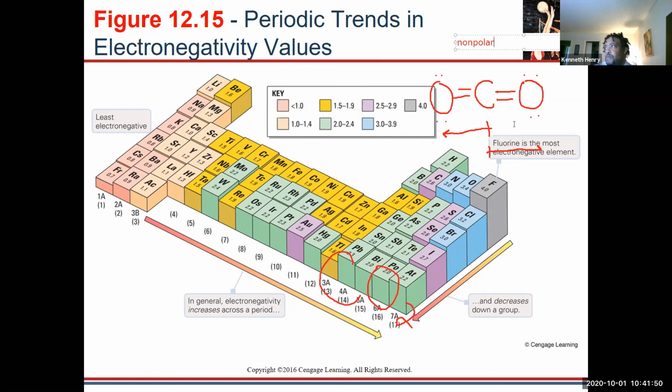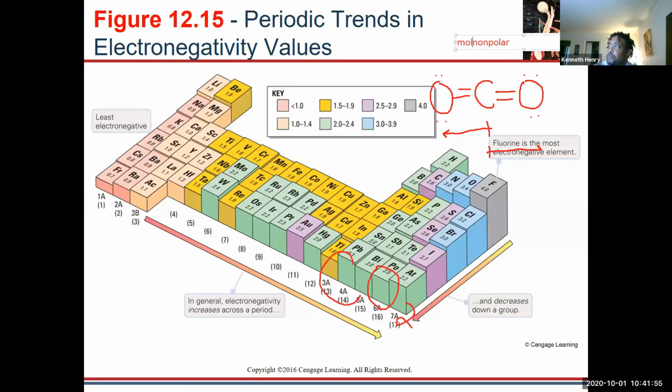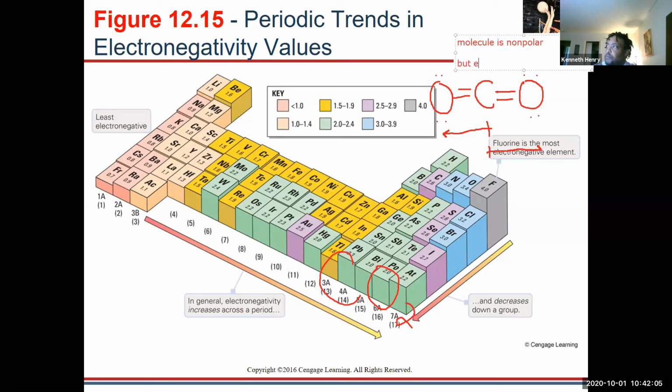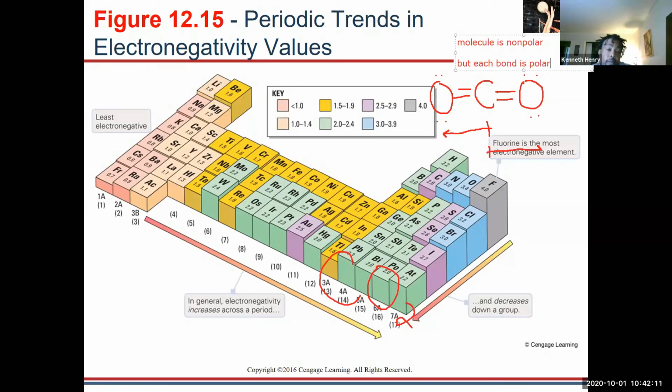So we're going to be looking at bonds, and we're going to be looking at the molecule.